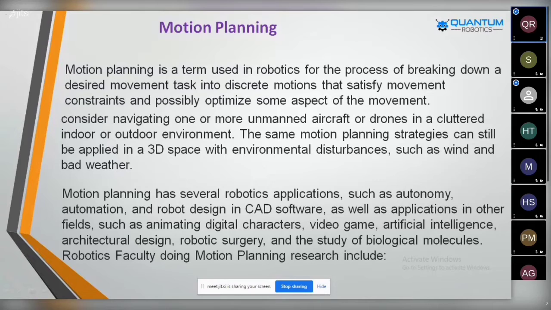These are included in different types of applications, such as video games, digital characters, robotic surgery, architectural design, and artificial intelligence. In many ways, we can use the motion planning of a robot.